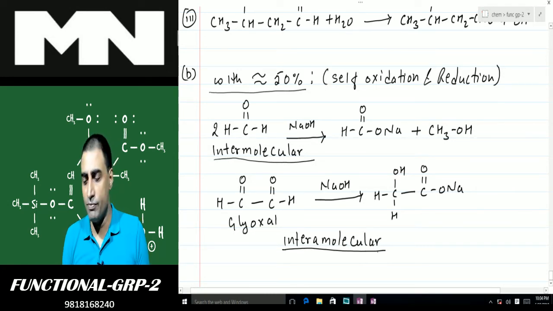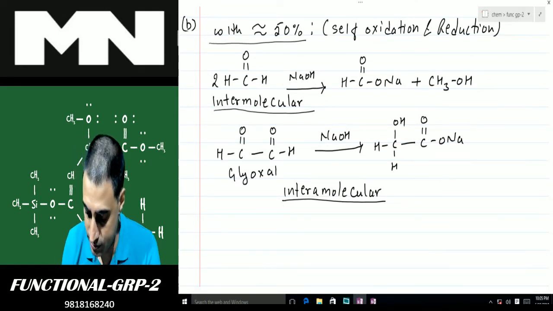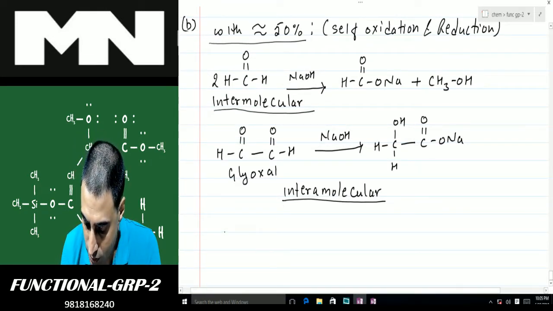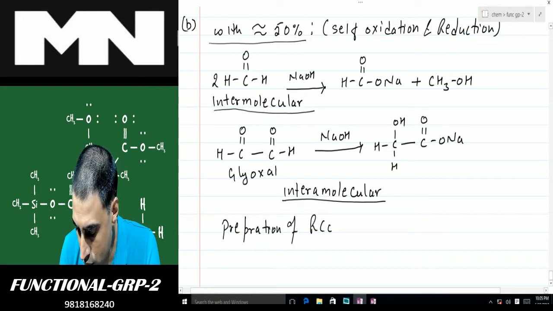The second part in functional group 2 is carboxylic acids. Today we'll see the method of preparation of carboxylic acids.